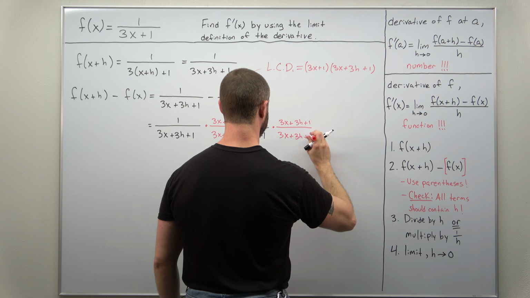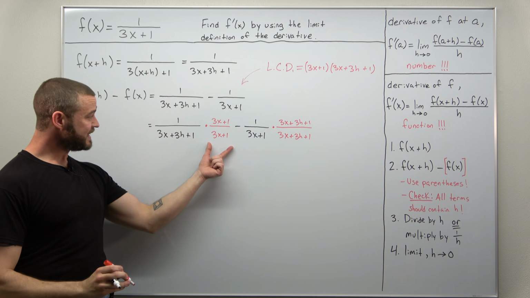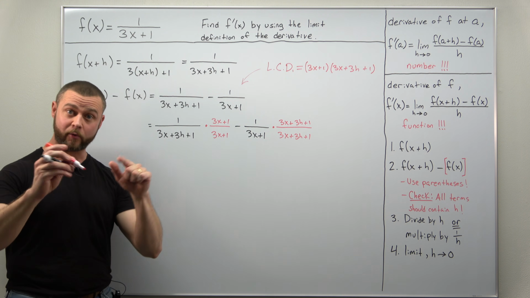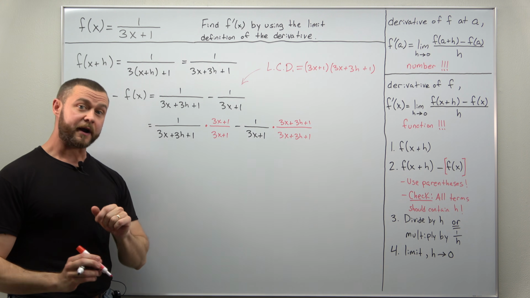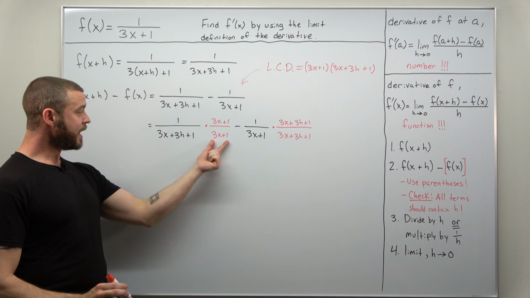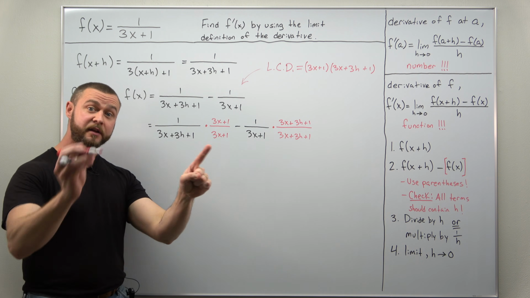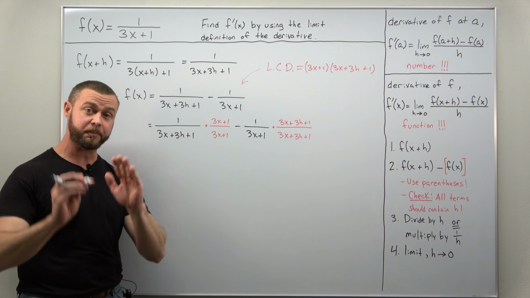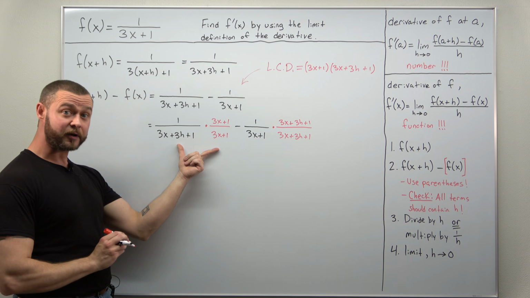And notice what we're doing here. Each of these steps there, we're multiplying by 1, a quantity over itself. All right, at this point, you should now have the same denominator. It's okay that the factors due to multiplication are maybe in different orders, but you have the same denominator.